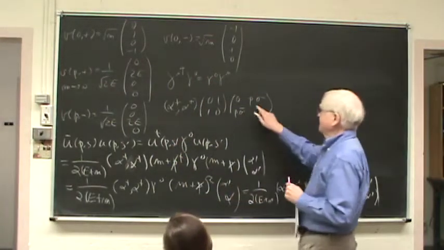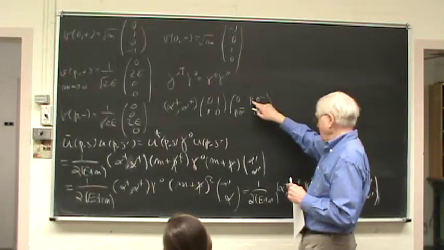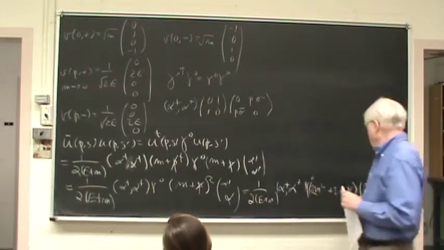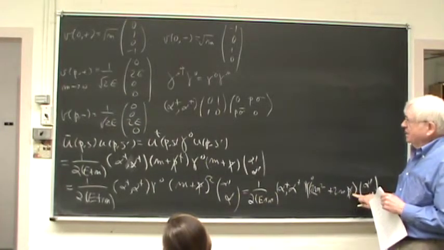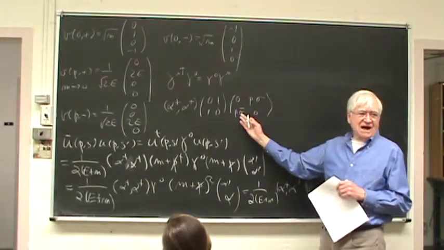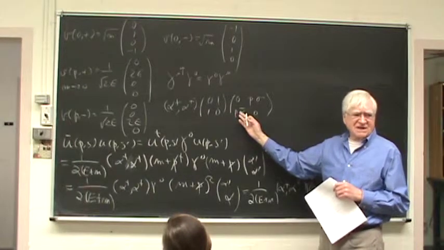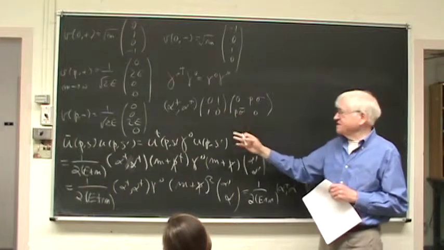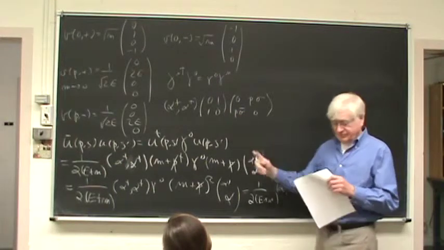And now p sigma means, in as much as it came from here, it's p0 sigma 0 minus p dot sigma. But this one is the opposite. It's p0 sigma 0 plus p dot sigma, because there are two minus signs, one from the bar and one from the Lorentz inner product.